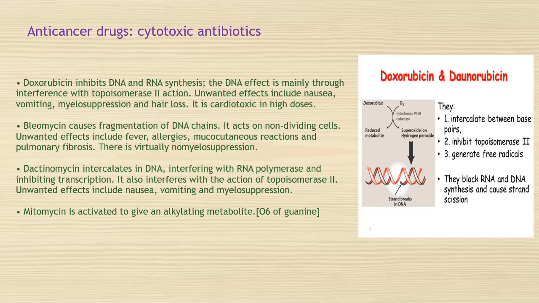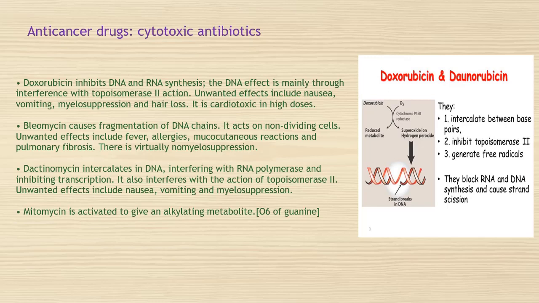Bleomycins. Now, just before going to bleomycins, the main unwanted effect of doxorubicin is that it leads to dose-related cardiac damage. This is very peculiar, leading to dysrhythmia and heart failure. This action is due to generation of free radicals.